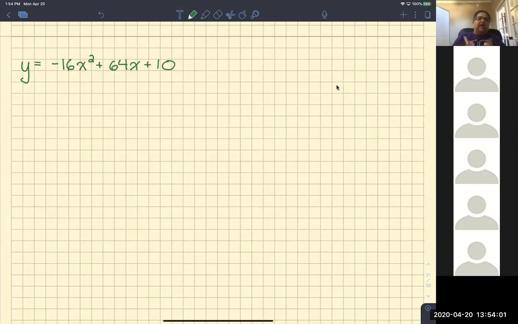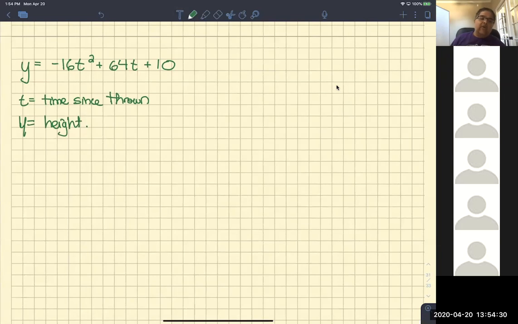So, for example, a word problem will be something like this. You throw a ball, okay? The equation for the way that ball is thrown is given by this, where t is the time since you threw the ball, and y is the height of the ball.